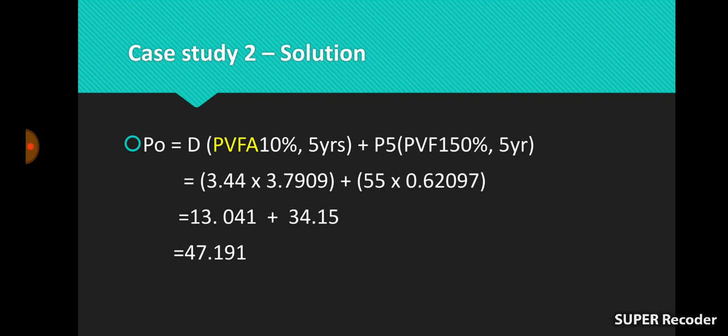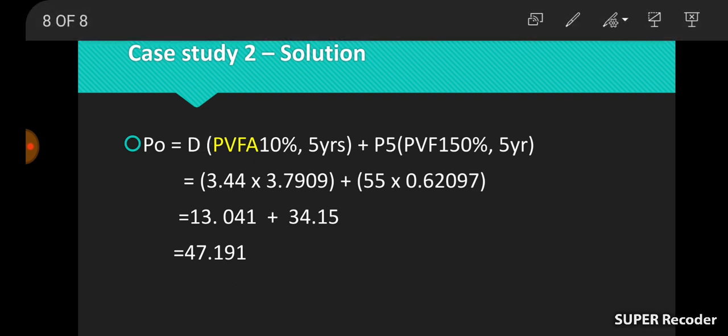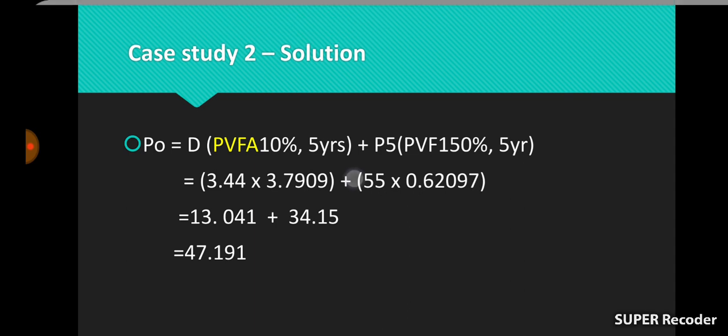That is, the dividend is 3.44, so 3.44 into the present value factor annuity at 10% for 5 years, which is 3.7909. So we are multiplying 3.7909 with 3.44, plus 55, the selling price of the share after 5 years, into the present value factor 0.6209.